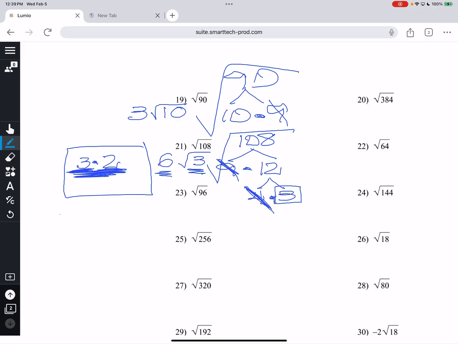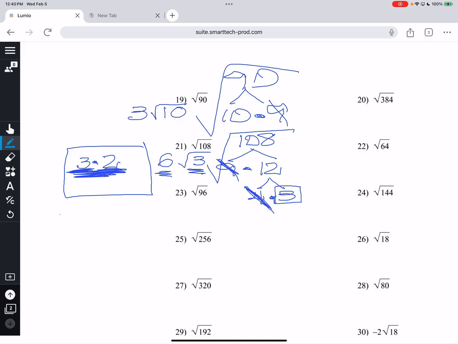What would that be a rule for? 3. Well, it's an even number. What else? What does that mean? 2. That means what else goes into it if 2 and 3 go into it? 6. What about 96 divided by 4? Will 4 go into 96? Yeah. So, y'all have options.